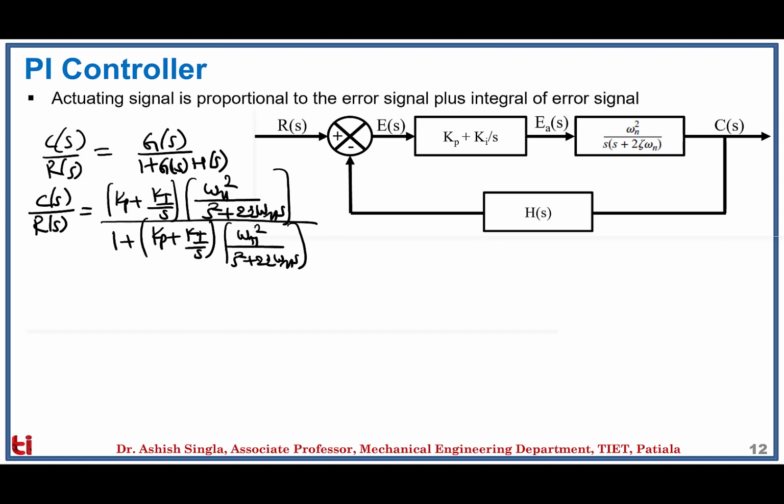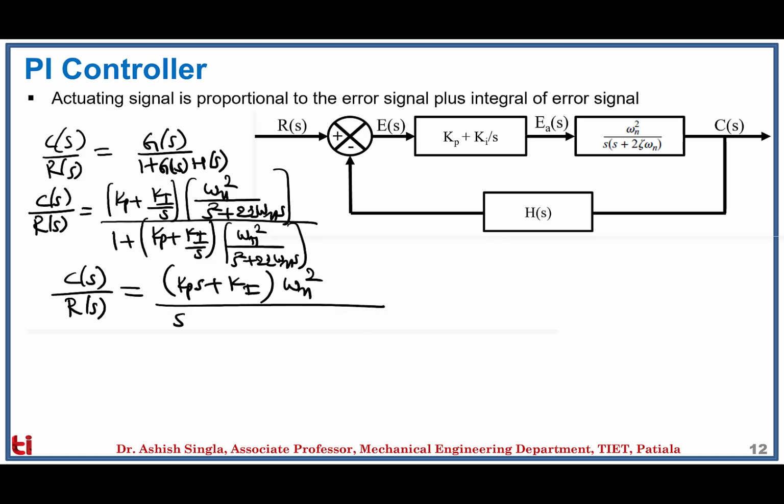Which can be simplified and written this way: C(s) by R(s) is equal to (kp s plus ki) into omega n square upon s cube plus 2 zeta omega n s square plus kp omega n square s plus ki omega n square.